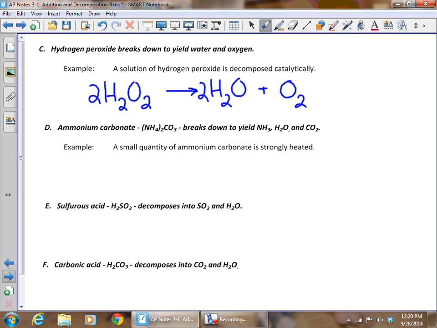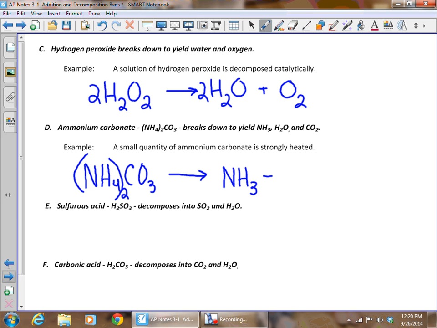Another specialty one, sometimes when it says something breaks down, you try to think of what kinds of gases might be produced. There is a rule for this. If you take ammonium carbonate and you strongly heat it up, as it says up above, it tells you exactly what it's going to produce. But if you look at the formula, you can get a good clue. You're going to get NH3 whenever ammonium is heated up.